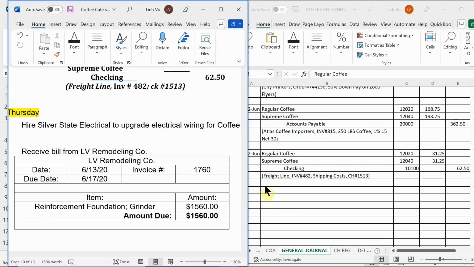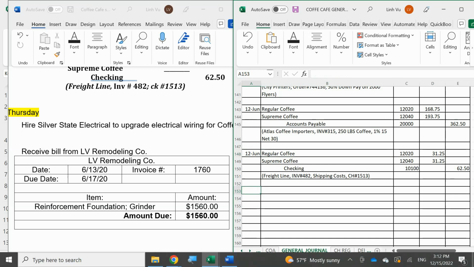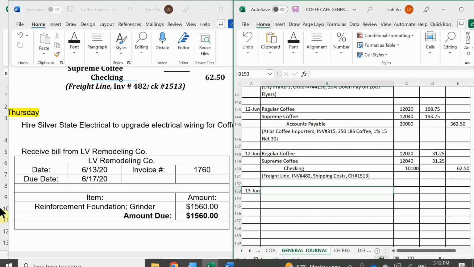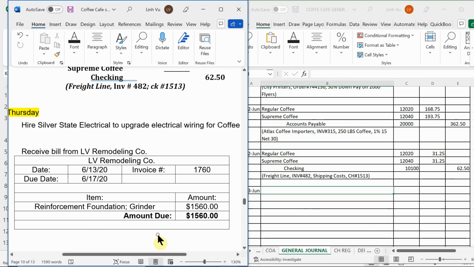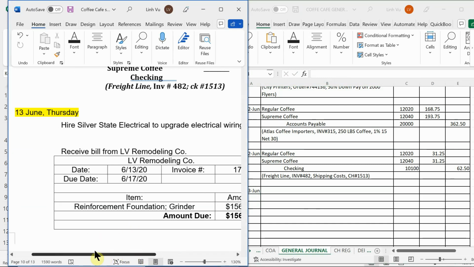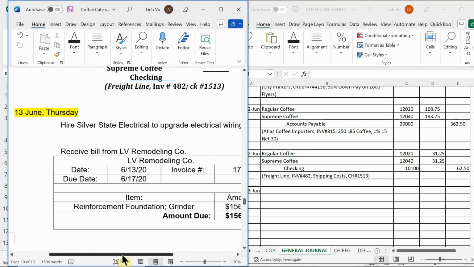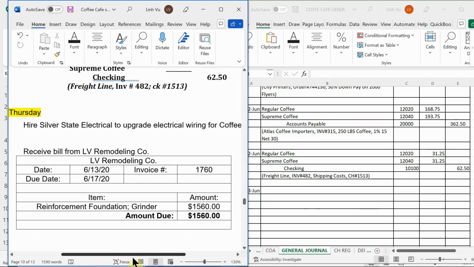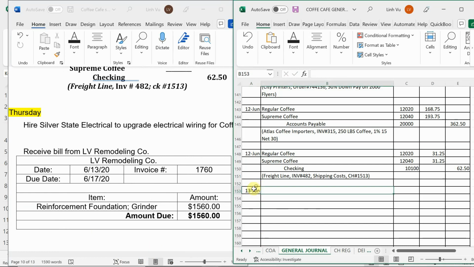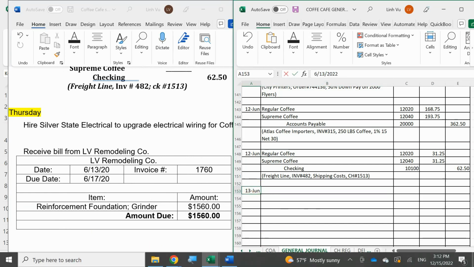We're going to add it to my miscellaneous expense because it's going to become part of the cost of the asset. It's something that you need to do to prepare to run the coffee, or to prepare to sell the coffee. So in this case, 614. What did we buy?